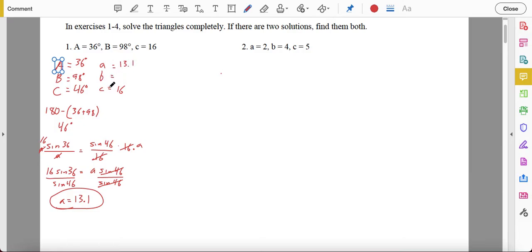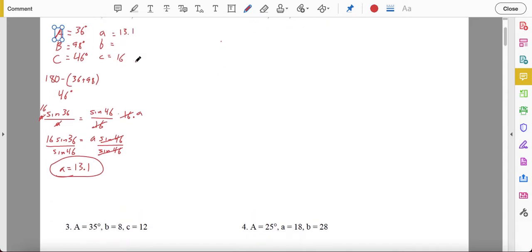And now to find B, some people might be tempted to use the Pythagorean theorem here, but remember, you can only use the Pythagorean theorem, which is A squared plus B squared equals C squared, if we're dealing with a right triangle. And since there is no 90-degree angle, this is not a right triangle, so we cannot use the Pythagorean theorem.